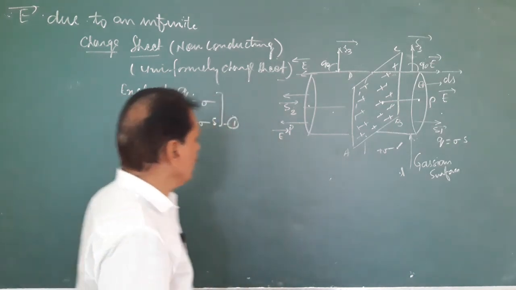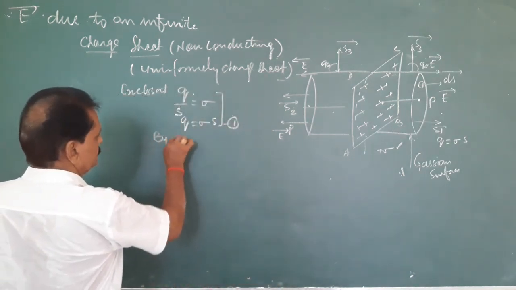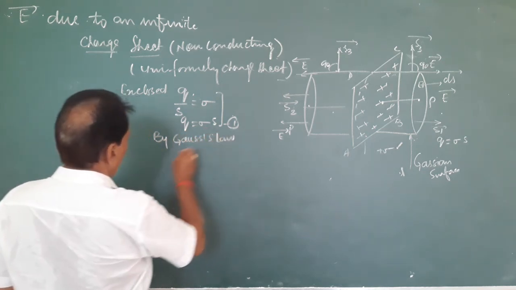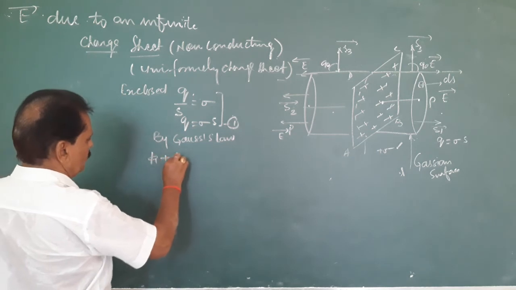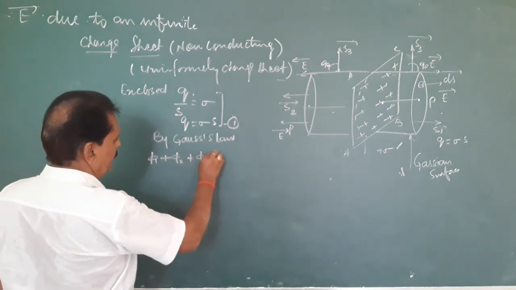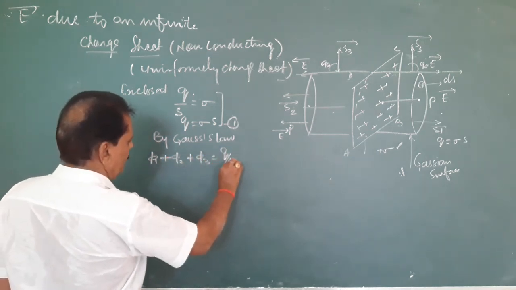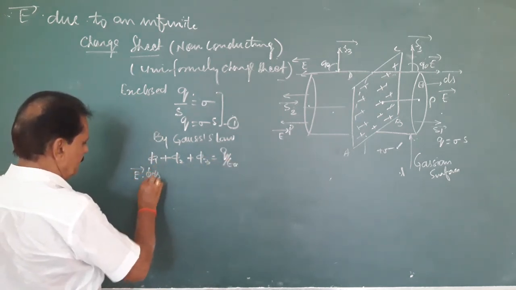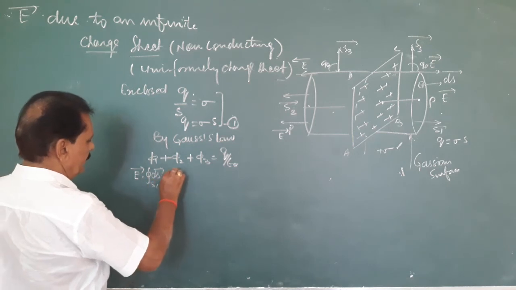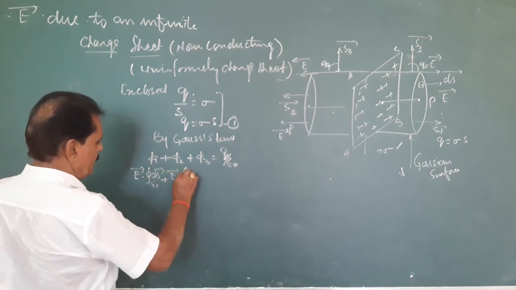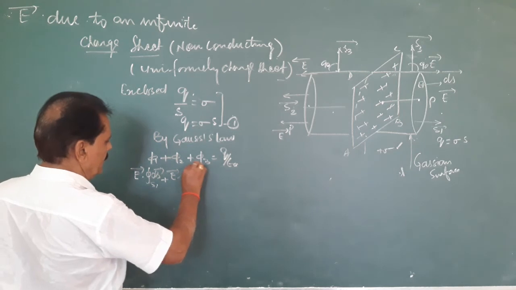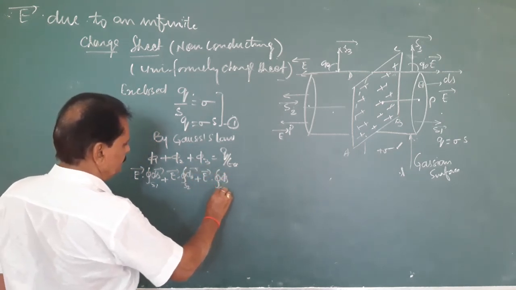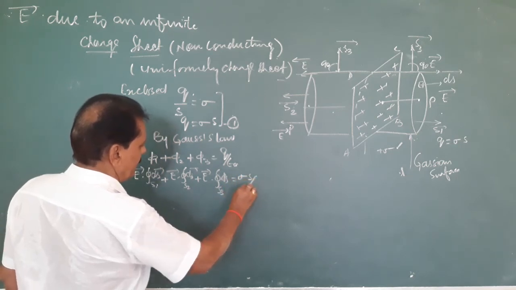Now, by Gauss law, phi1 plus phi2 plus phi3 equals Q by epsilon 0. Phi1 is E closed integral ds over S1, plus E closed integral ds over S2, plus E closed integral ds over S3, equals sigma S by epsilon 0.